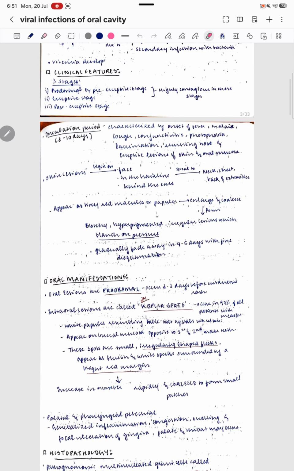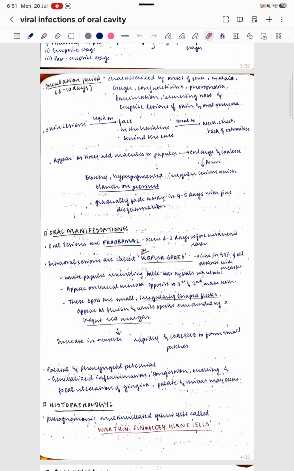Now, skin lesions begin on the face, in the hairline, and behind the ears, which eventually spread to the chest, back, and other extremities. The appearance is as tiny red macules or papules.